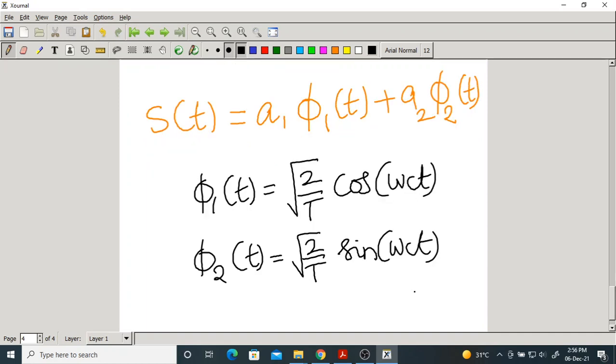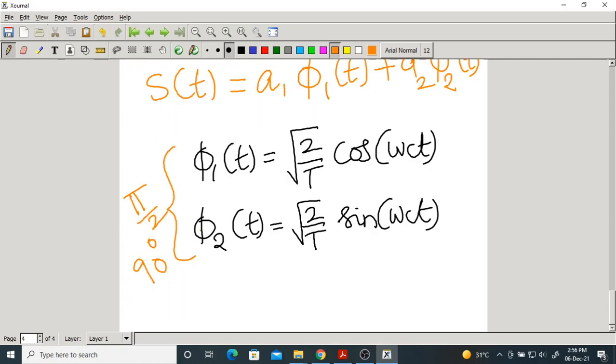So these are two basis functions. They differ by pi by 2 radians or 90 degrees. Whenever any two signals differ by 90 degrees, we call them quadrature components. They are in quadrature.